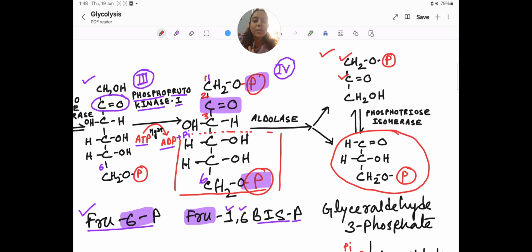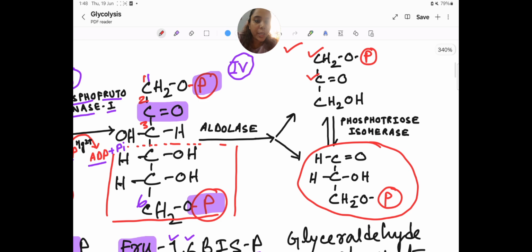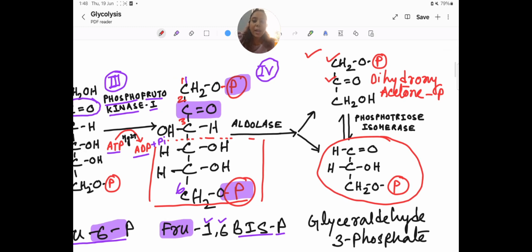So this compound will be named dihydroxyacetone phosphate.